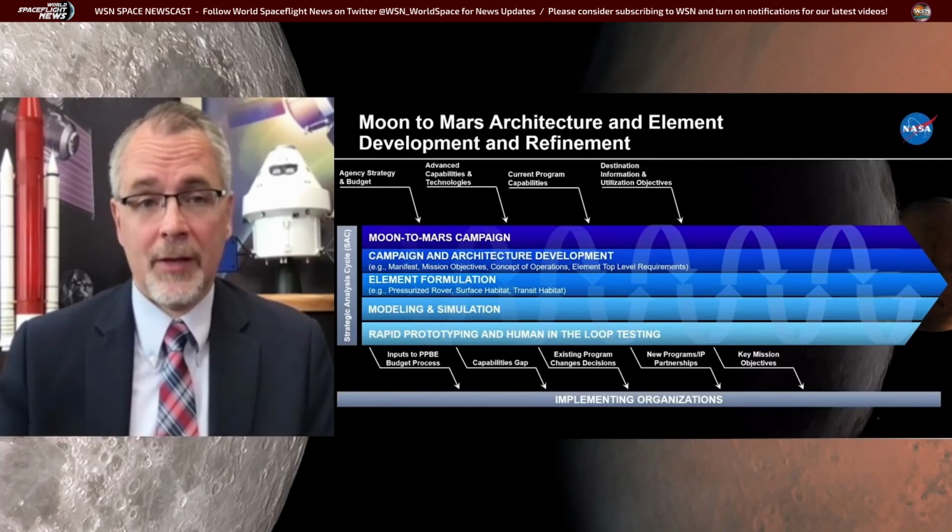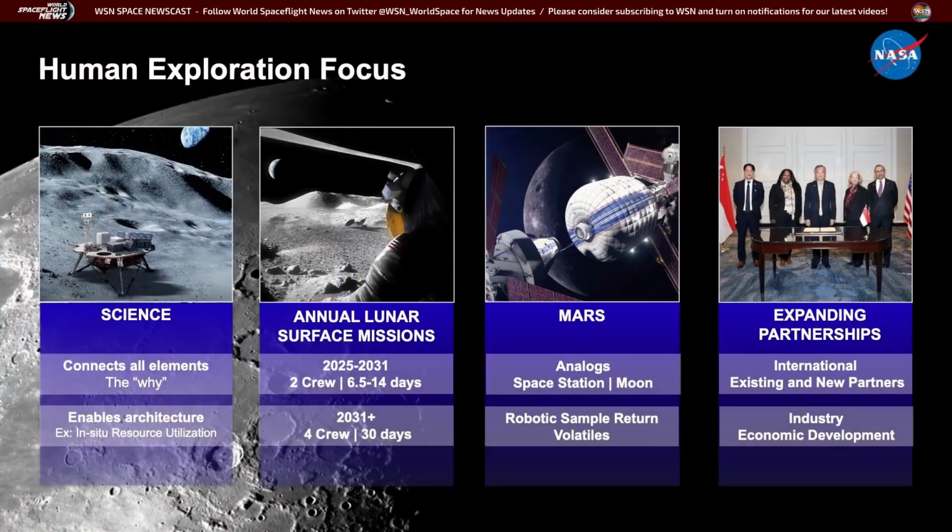So moving on from our strategic analysis cycle plan, we really have 4 areas of focus. The first for us is what our deputy administrator has asked us to really focus on as we look at our architecture development, and that's with an emphasis on science. Everything within all of our elements connects to the why we are going.